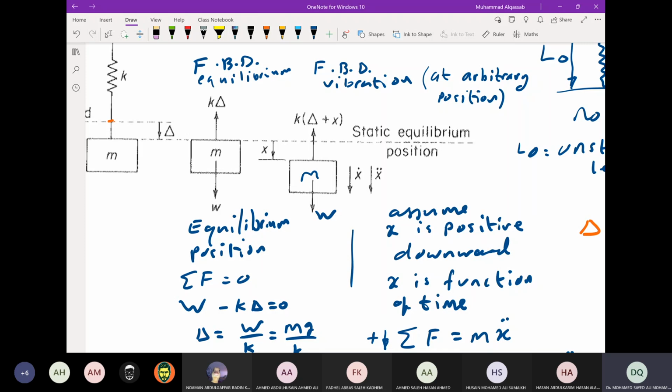So delta plus x means delta with minus x, because x will include the sign. So if x is positive, its sign is positive. When the mass is above the static equilibrium, it is in the negative direction, and the value of x will be negative. So it will be changing.